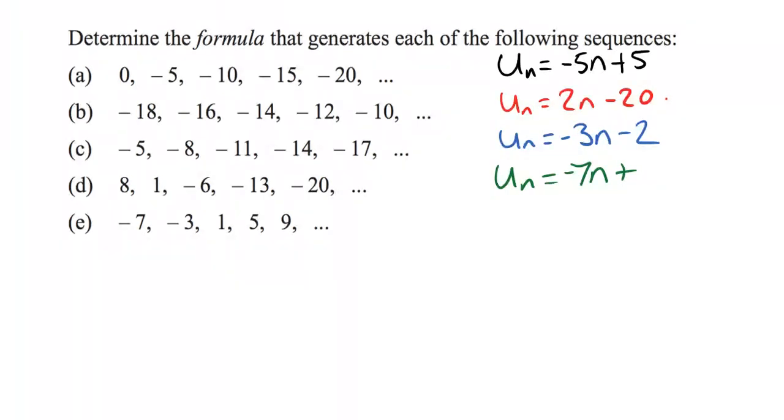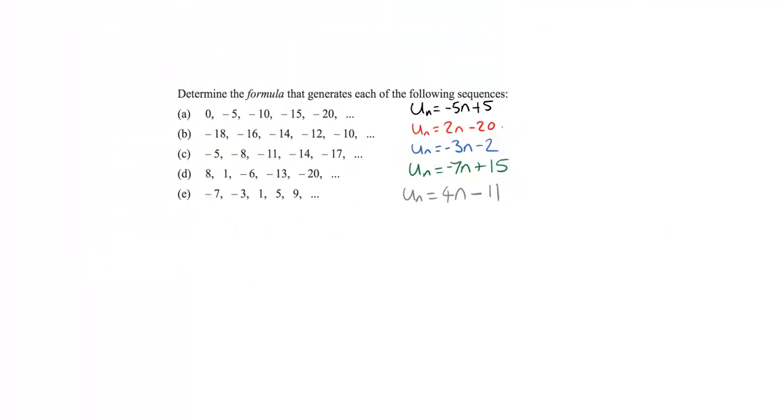It is going to have to be a 15. So there's my answer for D. And then for E, un is equal to, and this time we're going up in 4s from minus 7 to minus 3, so it's a positive 4n. What is it that I add to 4 to make minus 7? I've got to add a minus 11. And so there's my answer for E. Okay, I hope that helps you to find a formula for a linear sequence.